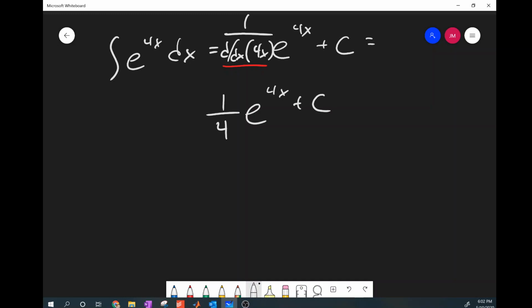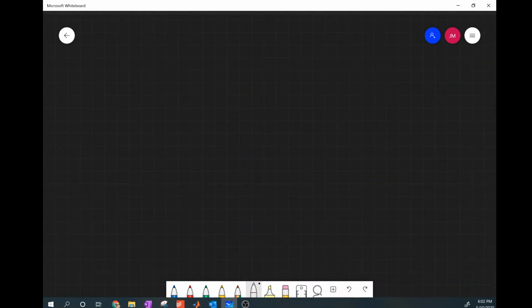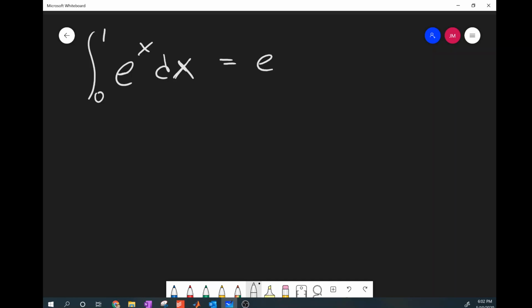Let's take a look at some definite integrals of exponential functions. Suppose I had from 0 to 1 the antiderivative of e to the x dx. Well, the antiderivative of e to the x is actually the easiest one. It's just e to the x.